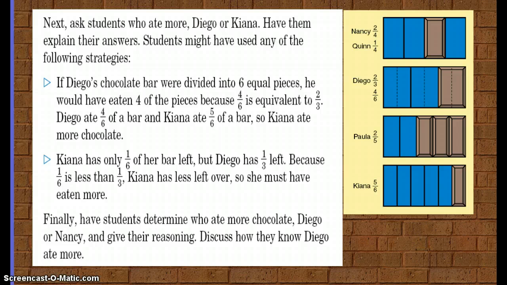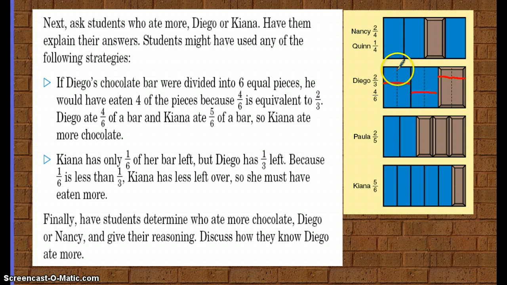If Diego's chocolate bar were divided into 6 equal pieces, he would have eaten 4 of the pieces because 4/6 is equivalent to 2/3. So let's take a look at that real quick so I know you understand that. If you notice in Diego's, if it was divided into 3 sections, this would be one, this would be another one, and this would be the third one.